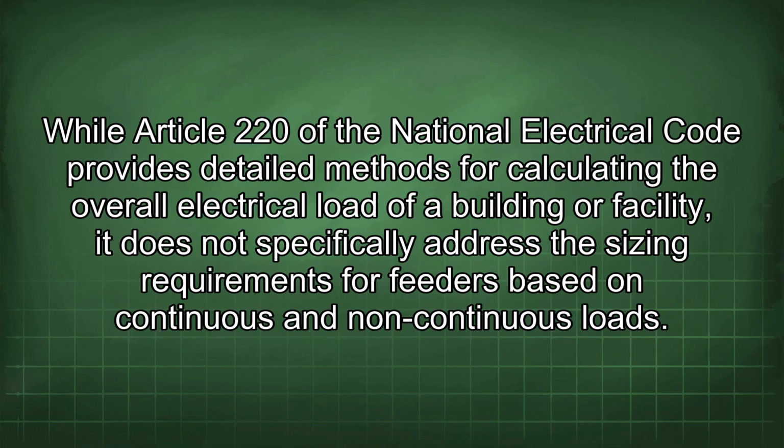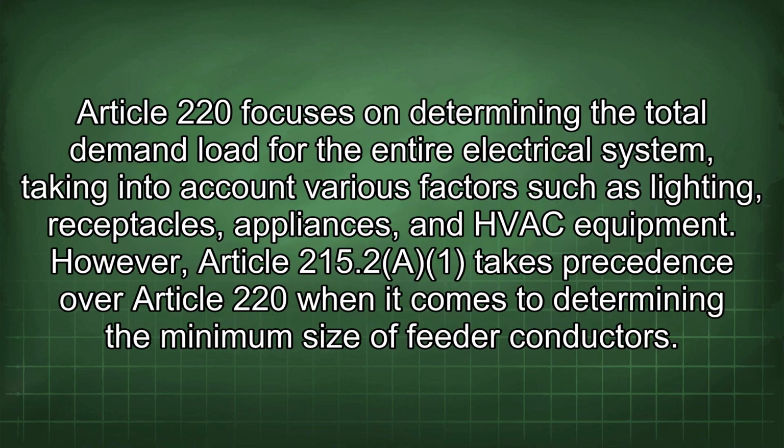While Article 220 of the National Electrical Code provides detailed methods for calculating the overall electrical load of a building or facility, it does not specifically address the sizing requirements for feeders based on continuous and non-continuous loads. Article 220 focuses on determining the total demand load for the entire electrical system, taking into account various factors such as lighting, receptacles, appliances, and HVAC equipment.